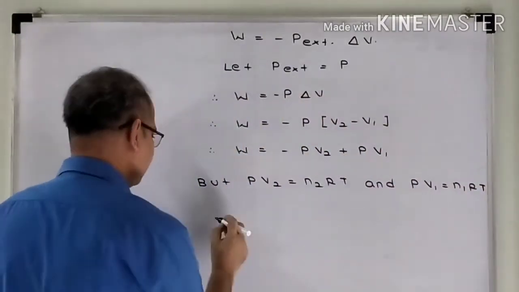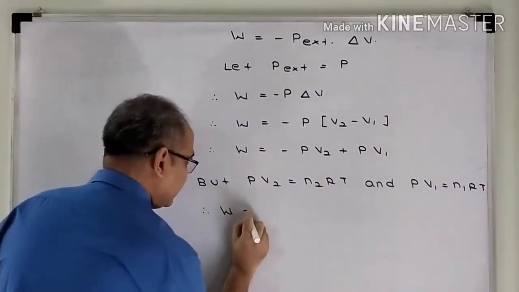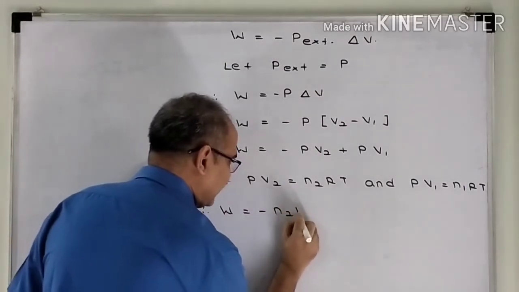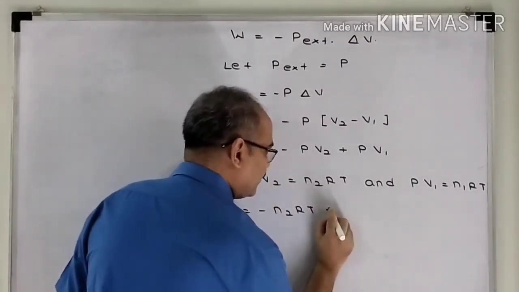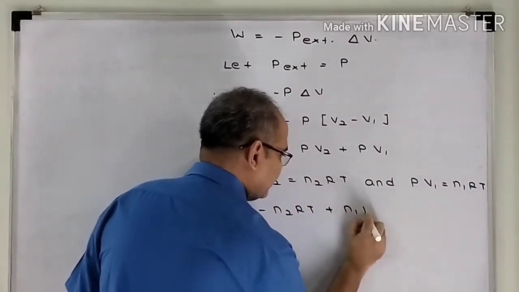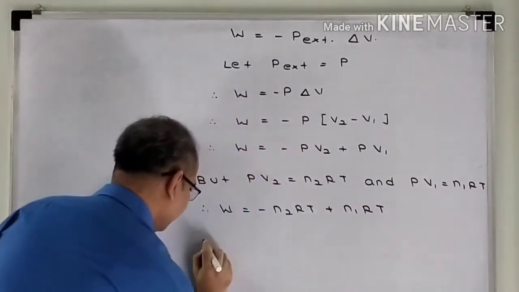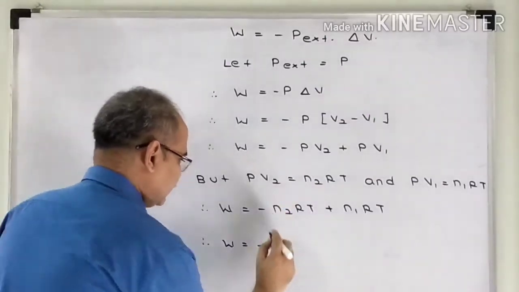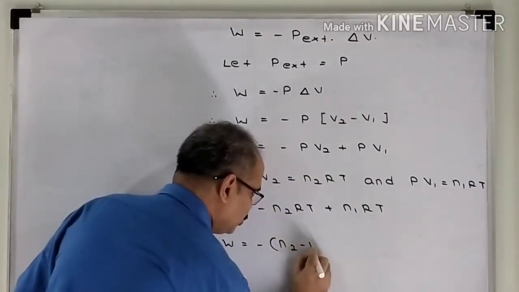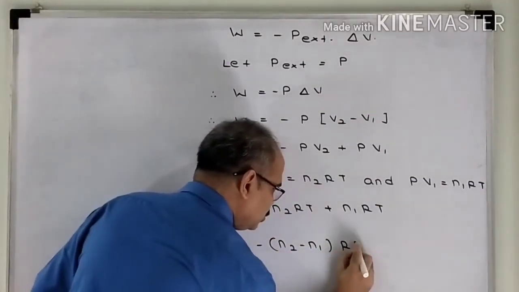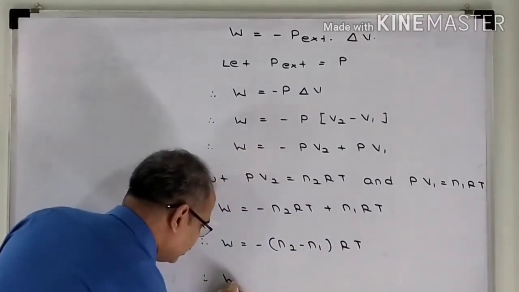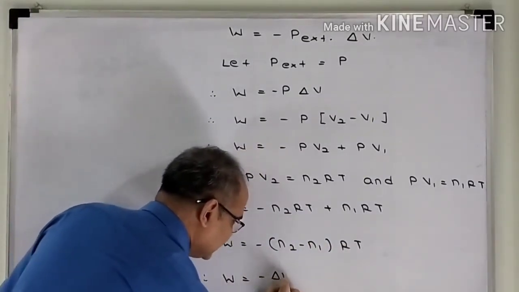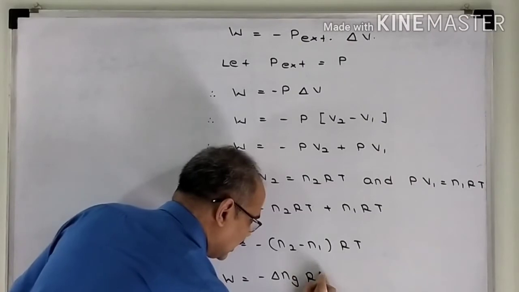Let us substitute in this equation. I get W is equal to minus N2RT plus N1RT. Therefore, W will be equal to, I'll take minus sign common, in the bracket it will be N2 minus N1 into RT. Therefore, W is equal to minus delta Ng RT.